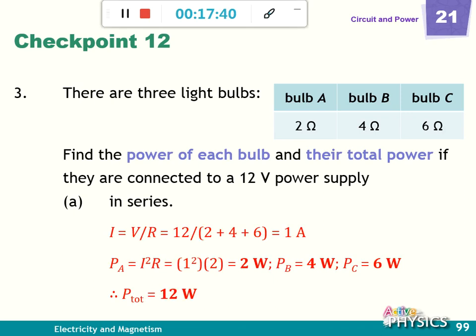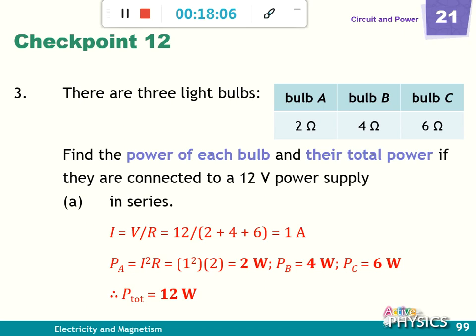Or you can use this example to find the total current. The total potential difference should be 12, because the total equivalent resistance should be 2 plus 4 plus 6. After calculation, it should be 1 A. 1 A will be the common current, and then apply the formula I squared R. Then you can see that the ratio should be 2 to 4 to 6.